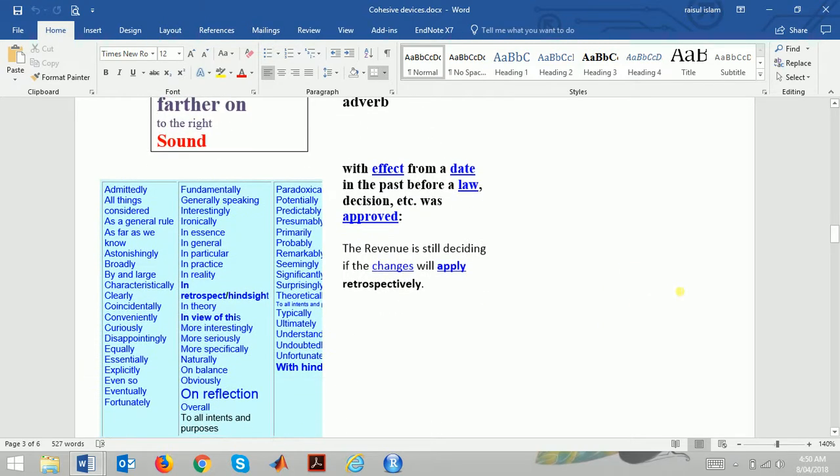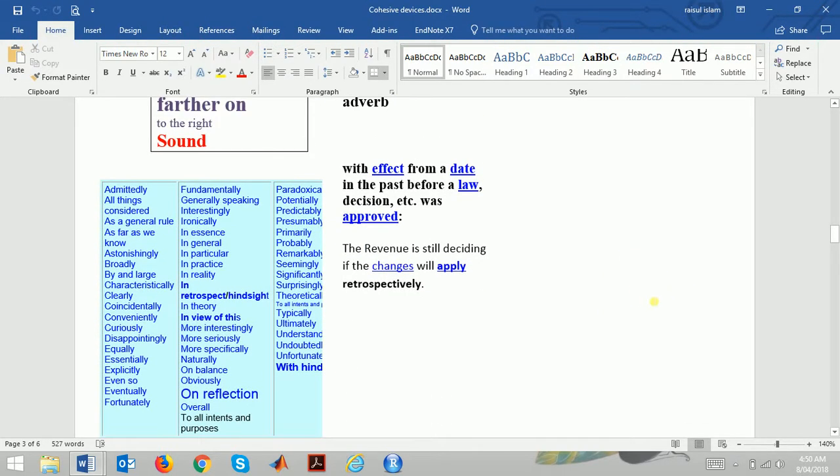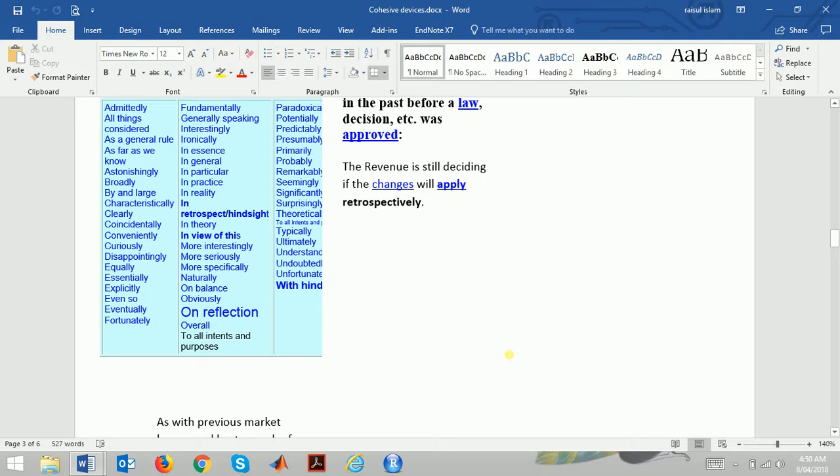Some other good cohesive devices: admittedly, all things considered, as a general rule, as far as we know, astonishingly, broadly, by and large, characteristically, clearly, coincidentally, conveniently, curiously, disappointingly, equally, essentially, explicitly.